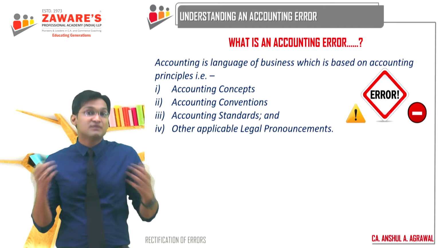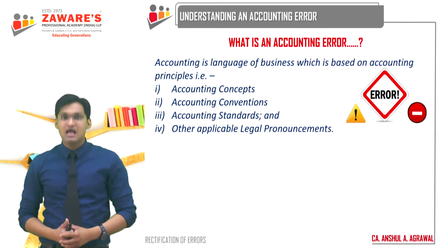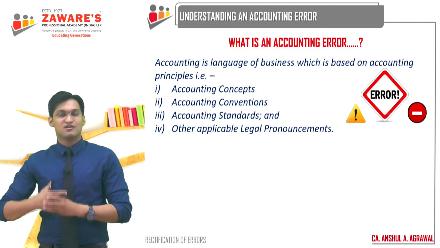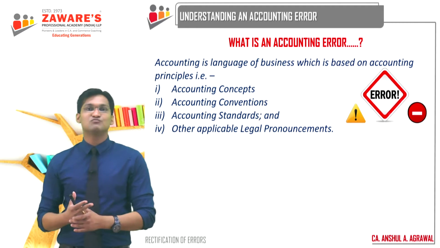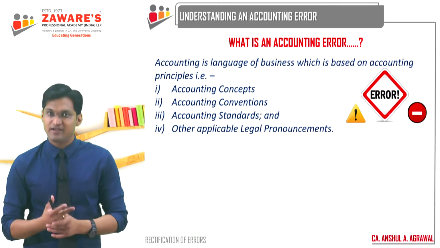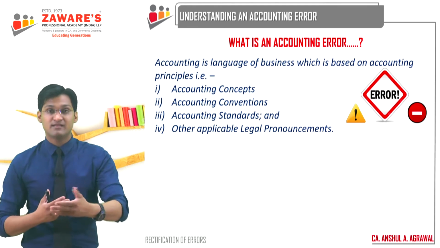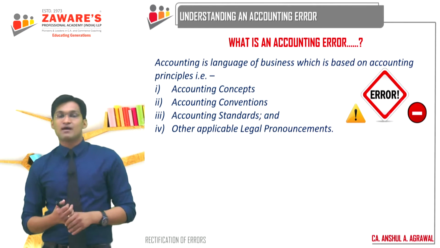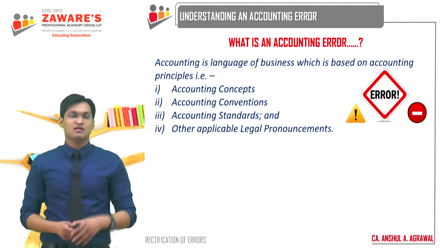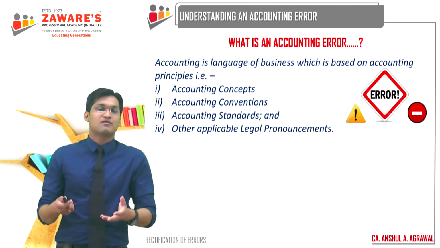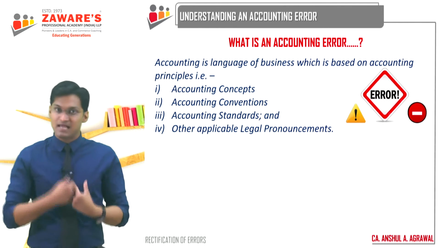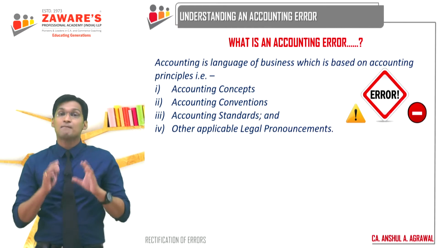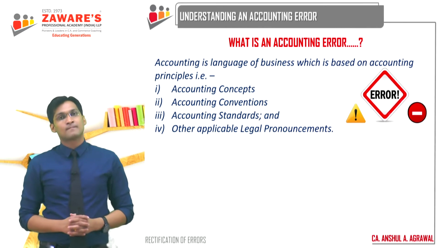When you say accounting principles, you mean accounting concepts, accounting conventions, accounting standards issued by the Institute of Chartered Accountants of India, which we are going to see in the next topic, chapter number 5, and other legal requirements, if any. For example, for companies, there are certain requirements laid down by the Companies Act. For banking companies, there are requirements laid down by the Banking Regulation Act.